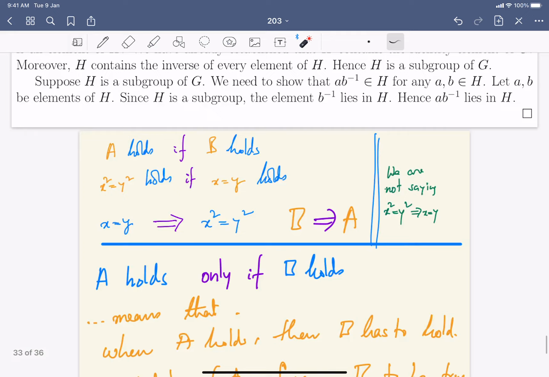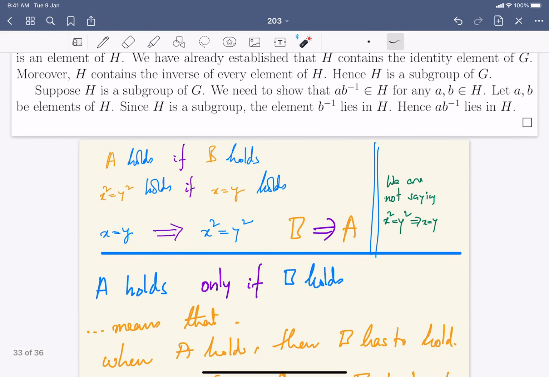Earlier I used this, so do not get confused. This is not a shorthand for if because I have reversed the statements. So x equal to y is placed here and x square equal to y square is placed here, okay? So this is not the shorthand for if. The shorthand for if is this.